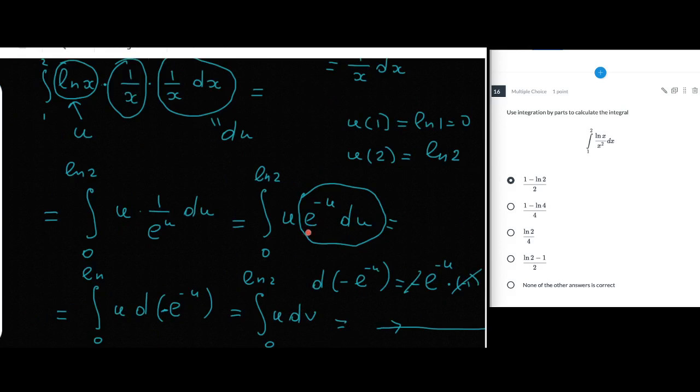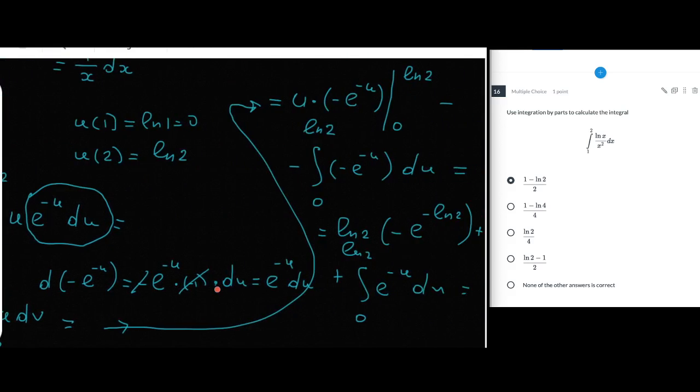So basically I found the entire derivative of e to the power negative u. It's negative e to the power negative u. So I can actually just use that result here. Unfortunately, I ran out of space here a little bit. So let me go to the next slide and copy this expression.